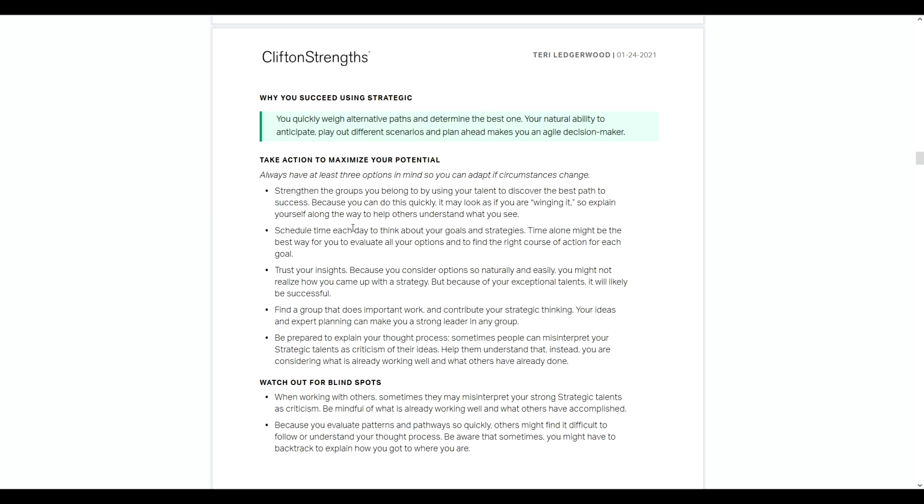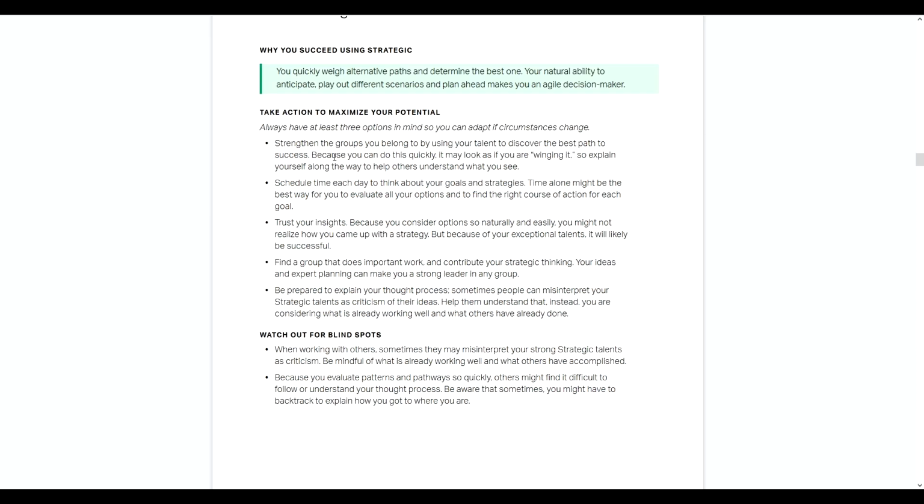So if we look at strategic's maximization here, it says strengthen the groups you belong to by using your talent to discover the best path to success. So again, I love helping my friends or my family or my sister just kind of figure out, like, this is what you're dealing with, here are some options. And I just really like to work with people to offer them solutions and strategies.